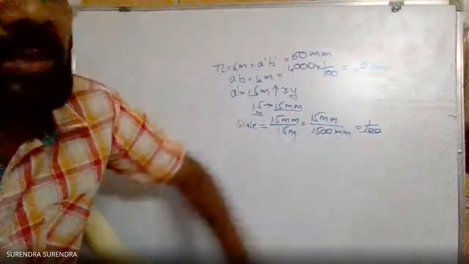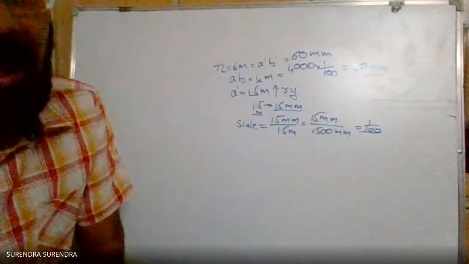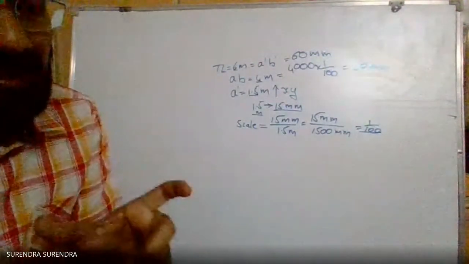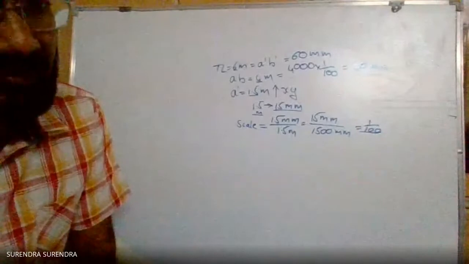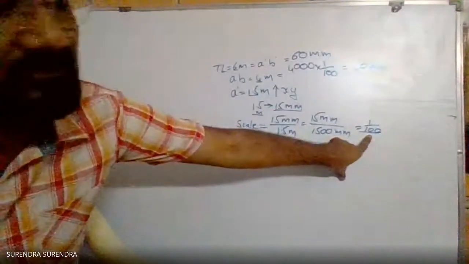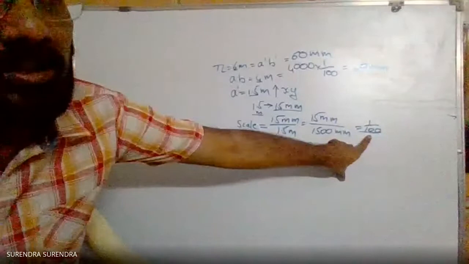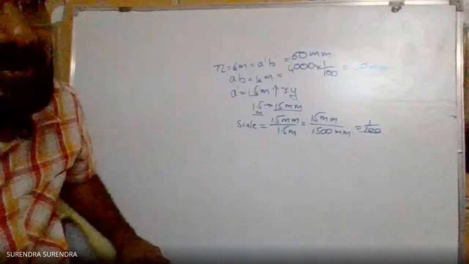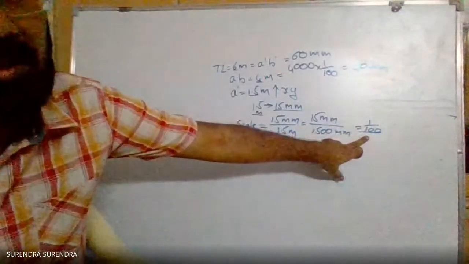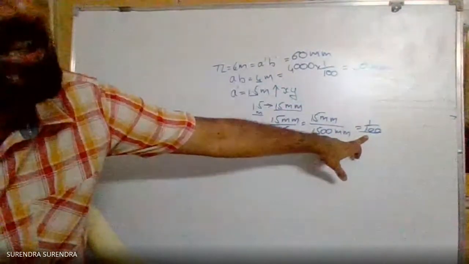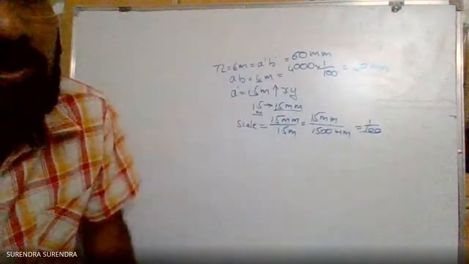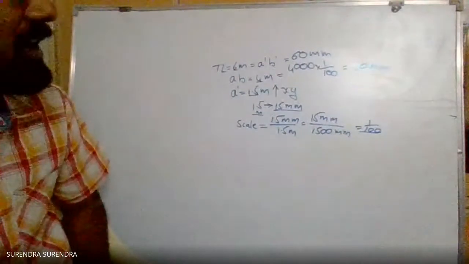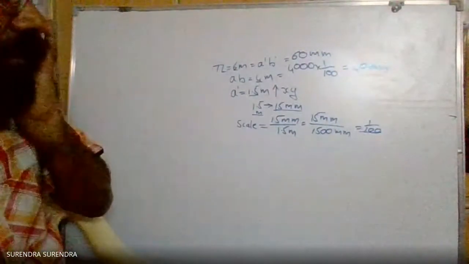So here this 1 by 100 is called the scale. I think some of you are writing the title block. If you have the sheets, in the title block, there is a term called scale. This scale implies, suppose you are reducing or enlarging any drawing instead of drawing it to the actual size; here you are reducing. So it is a reduction scale of 1:100. We are reducing the actual drawing to 1:100.